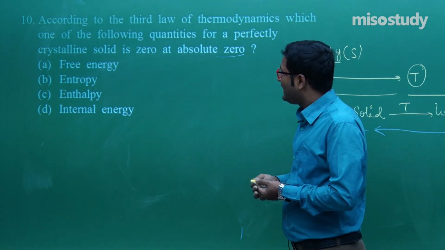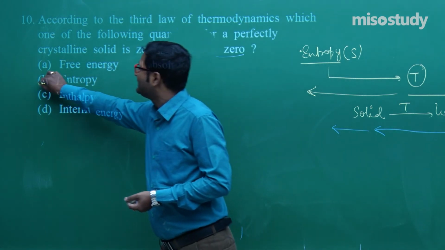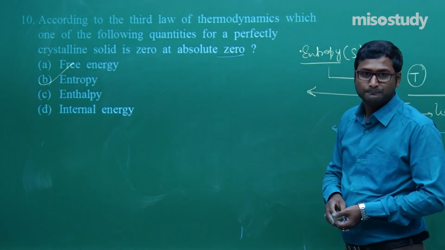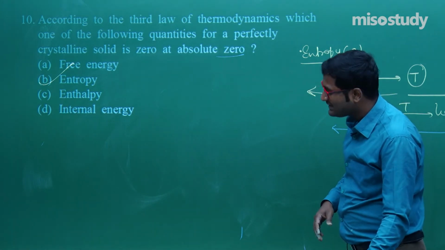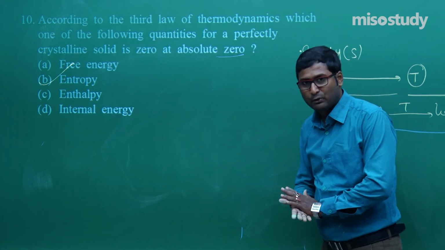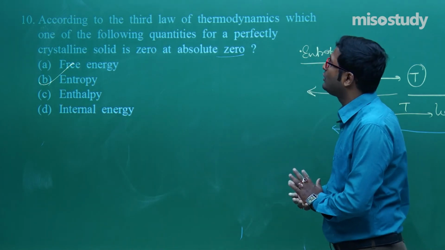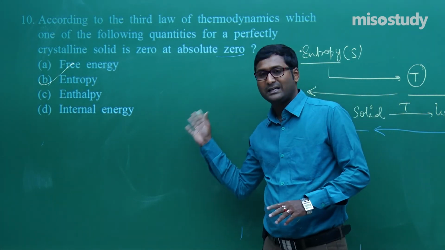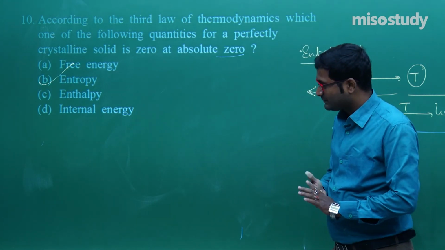So at this temperature the entropy will be zero. Clear to you? I think now you can easily solve such kind of question, because these are completely theory based questions. If you have a solid command on theory, then you can easily solve the questions.